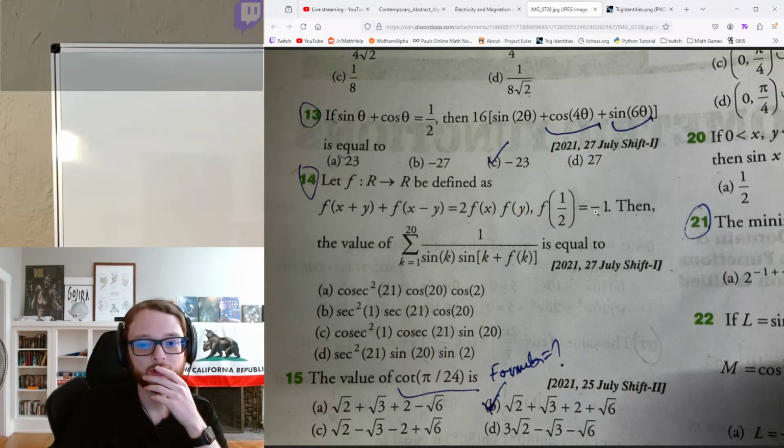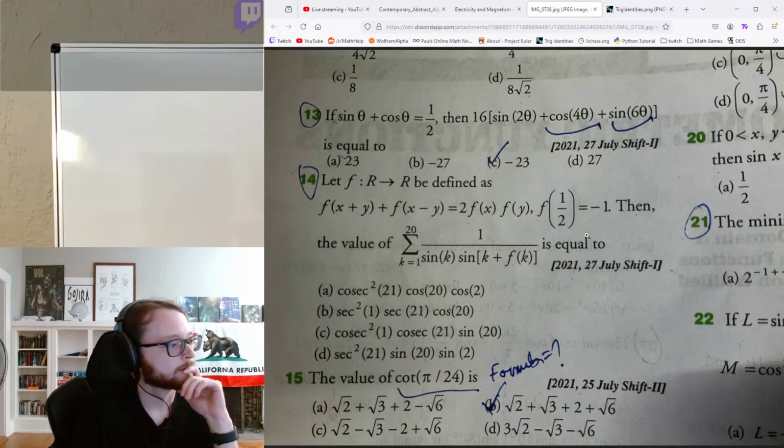We do need to make sure that our particular cosine does follow this condition as well. Cosine of a half is -1. And I assume any version of cosine, like, there's potentially infinitely many solutions there.